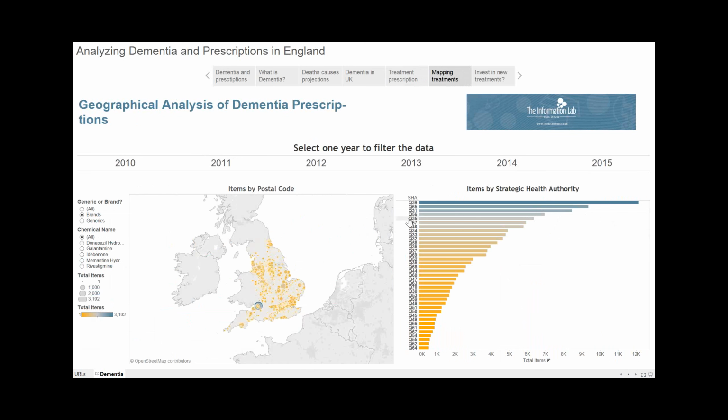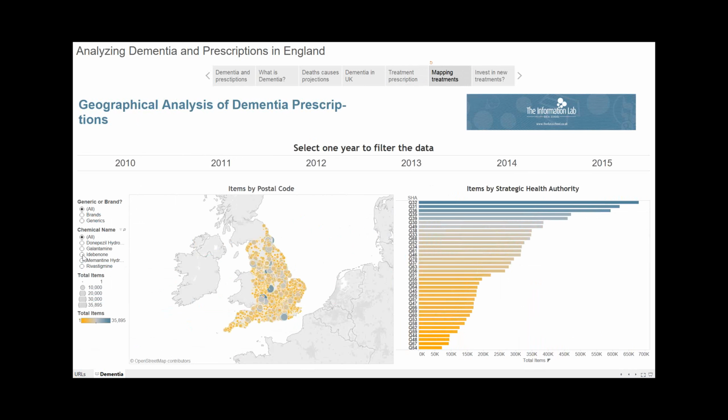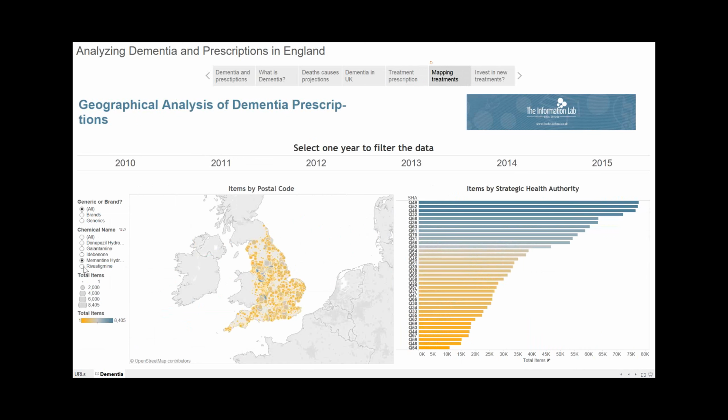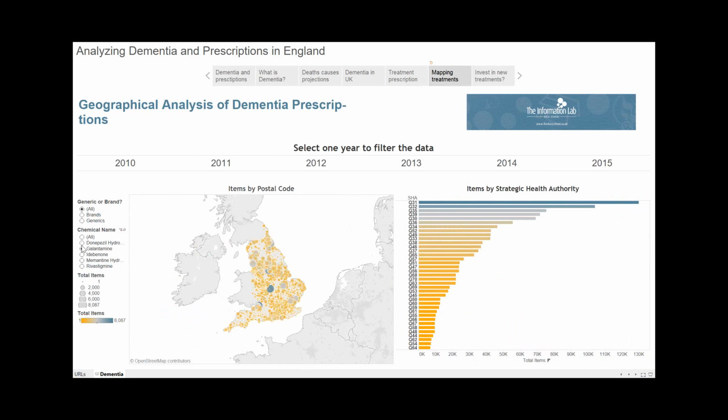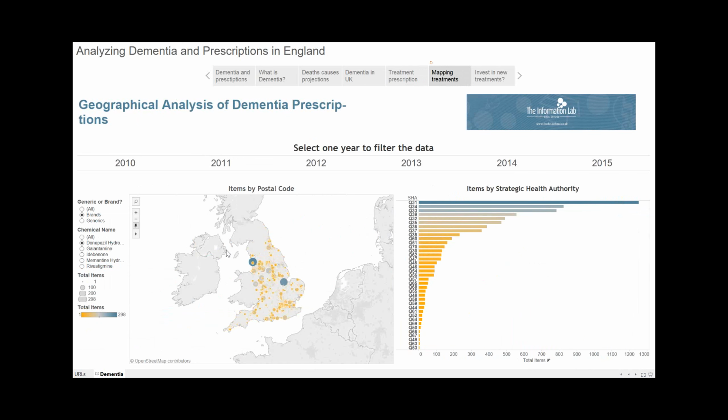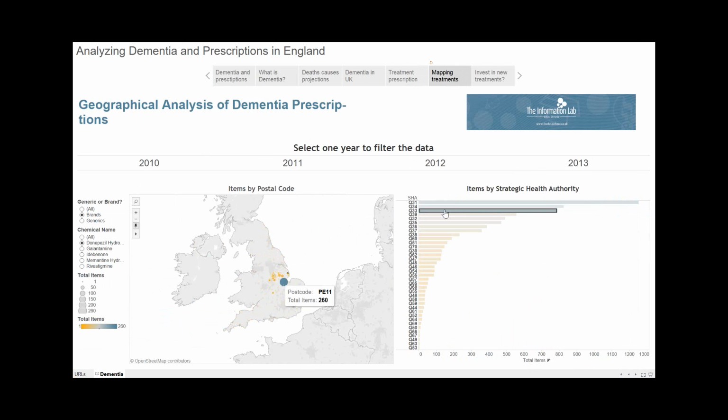And for example, there are some drugs, I will select all of them, that are very concentrated in certain areas of the UK. For example, if I don't remember badly, with the brands, it's clearer where each brand that is not a generic has the most prescriptions, and you could also filter for a concrete SHA.